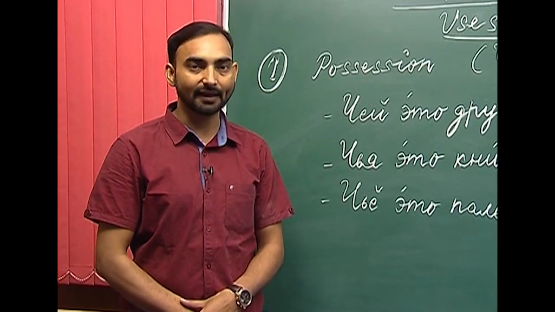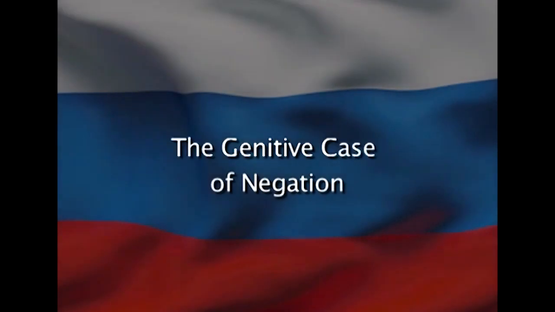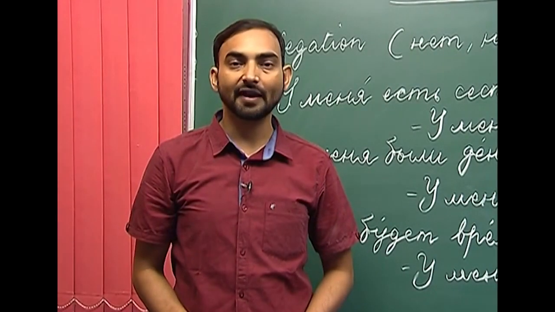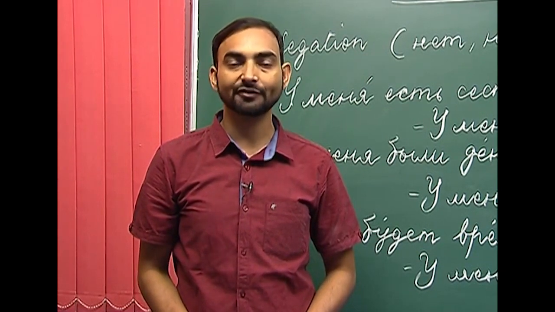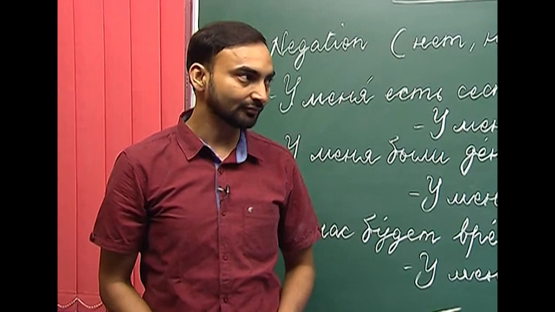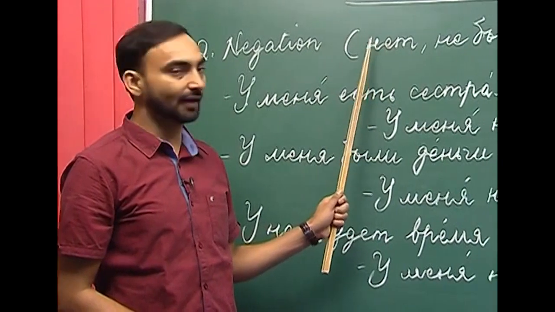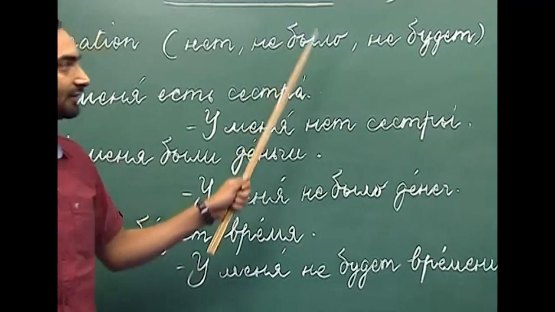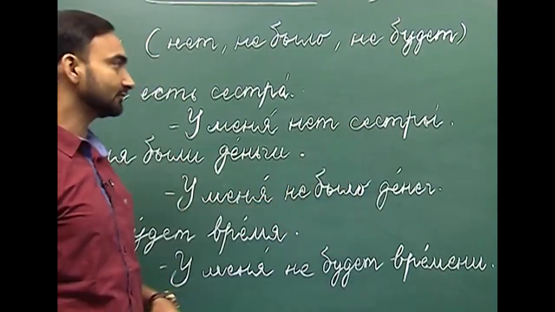So, let us move on to the second use of the possessive case or the genitive case. The genitive case of nouns is also used to show negation of somebody or something, and this is denoted in the present tense with the help of the negative particle нет, in the past tense не было, and in the future tense не будет.